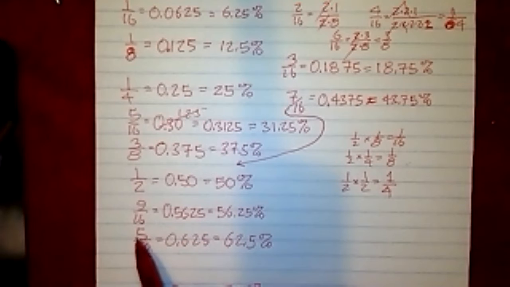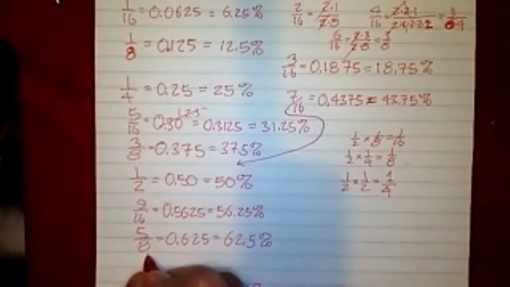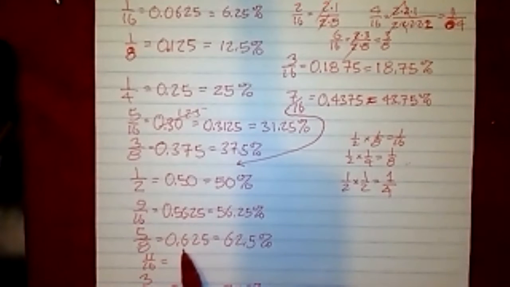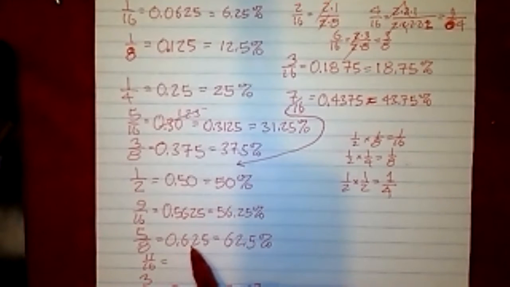Now, if I want to go to 11/16, remember, this is 10/16, so 11/16 would just be 1/16 bigger. So if I want to go to 11/16, then I just add a 16th of that. And a 16th is 0.0625. So if I add 0.0625 to this, I think you see what happens. 0.625 plus 0.0625 is going to be a 5 over here.